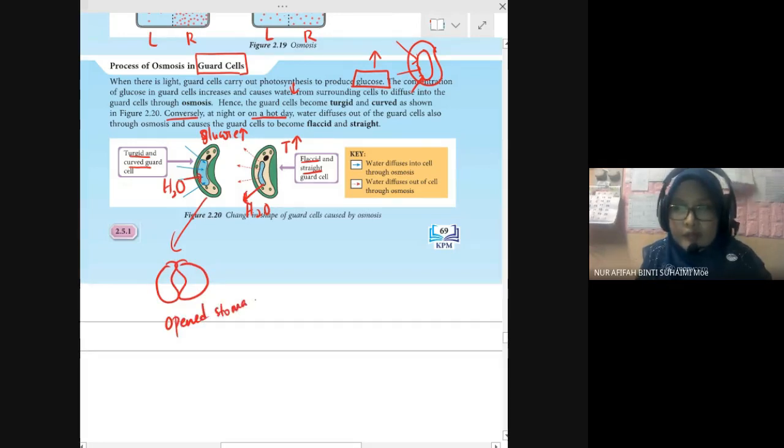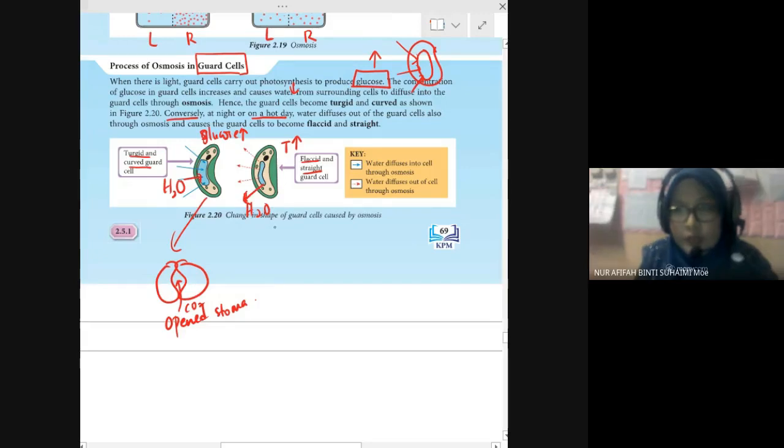So when the stoma is open, it will allow carbon dioxide to diffuse into the leaf. Because at this time, they are carrying out photosynthesis. A lot of glucose is produced and it needs more water. Okay, need more water.